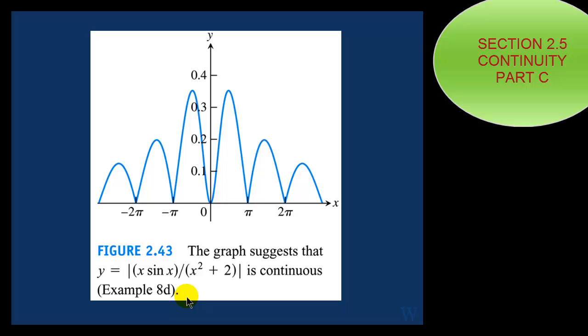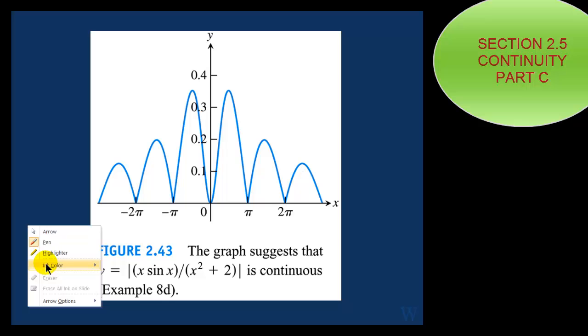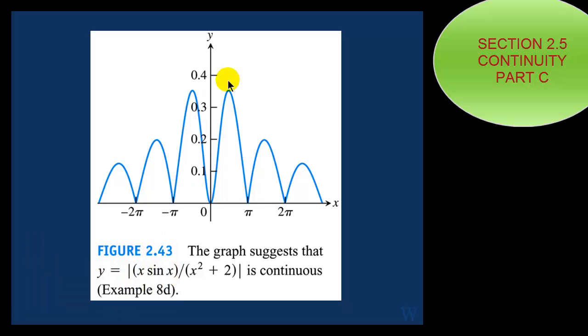Here is another example of a composition function. Just to show that, the function y equal to, let me write that down. Ooh, I need a red color to be more visible.